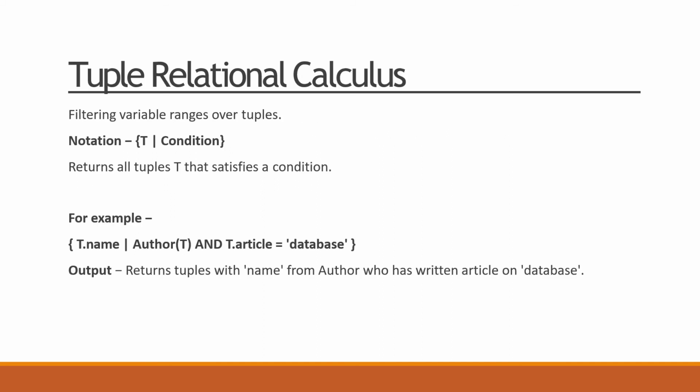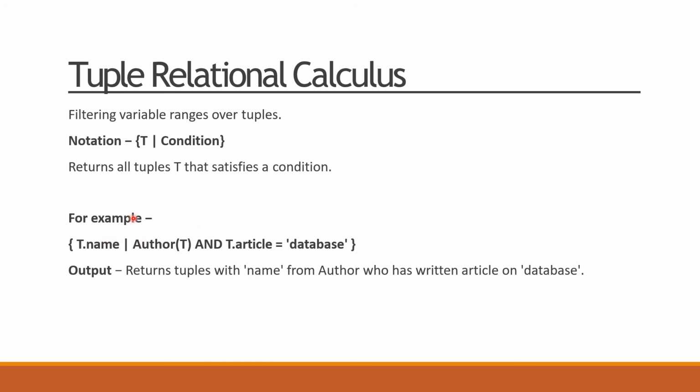In tuple relational calculus, the variable ranges over tuples. It returns all the tuples T that satisfy a condition. So if in a table some condition is there, according to that condition these tuples T will be selected from the table and that will be the output.